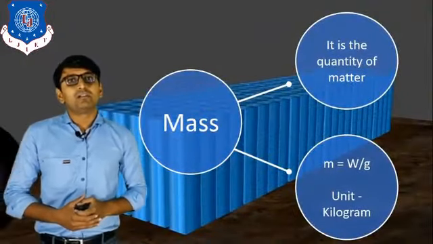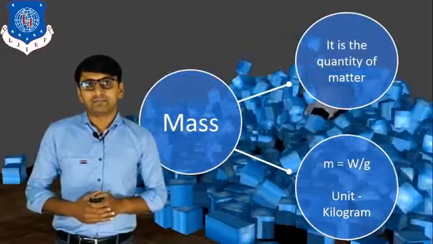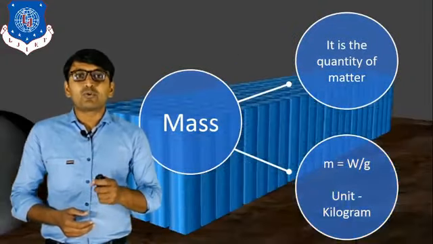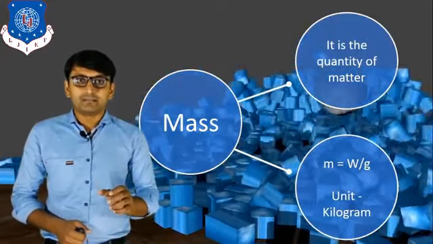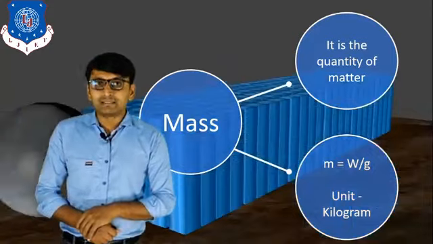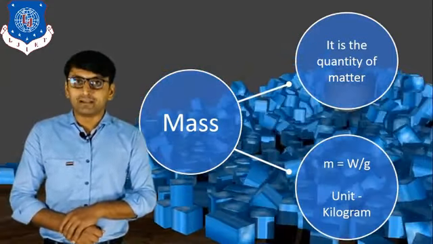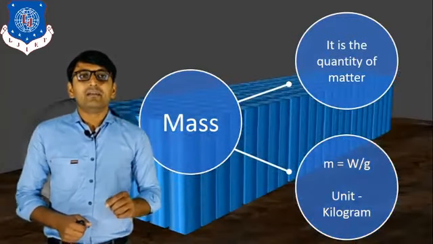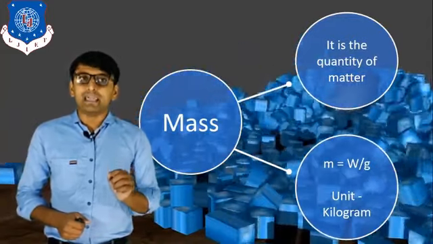So first of all, what is mass? It is the quantity of matter of a body. So mass means the quantity of matter which is contained in the body. Mass is denoted by m.